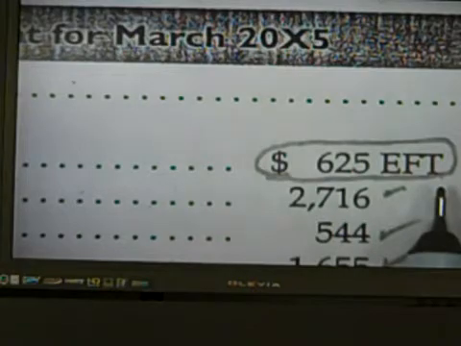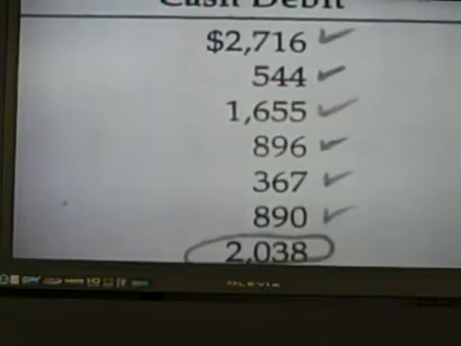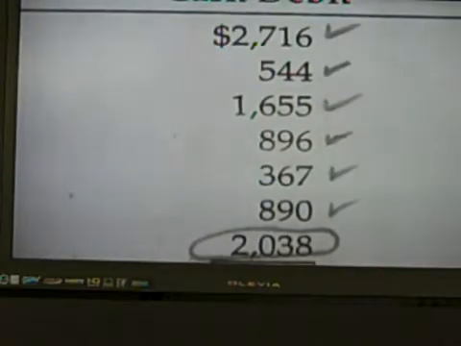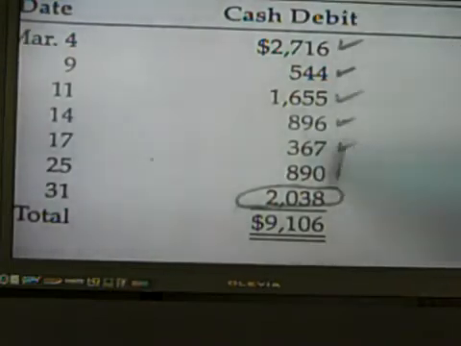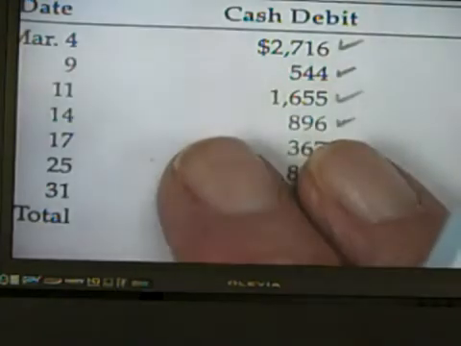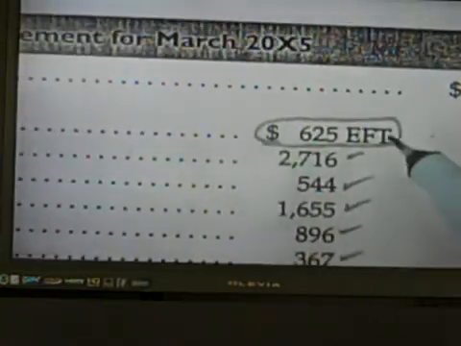Well, that as a deposit should be on our cash receipts if we have recorded it on our books. But if we look up here at the cash receipts on our books, we don't find $625. Here's all of our cash debits or cash receipts. And that isn't on there. That's because the bank put it in our account. We have not gotten it on our books yet. So we want to mark that as a reconciling item.